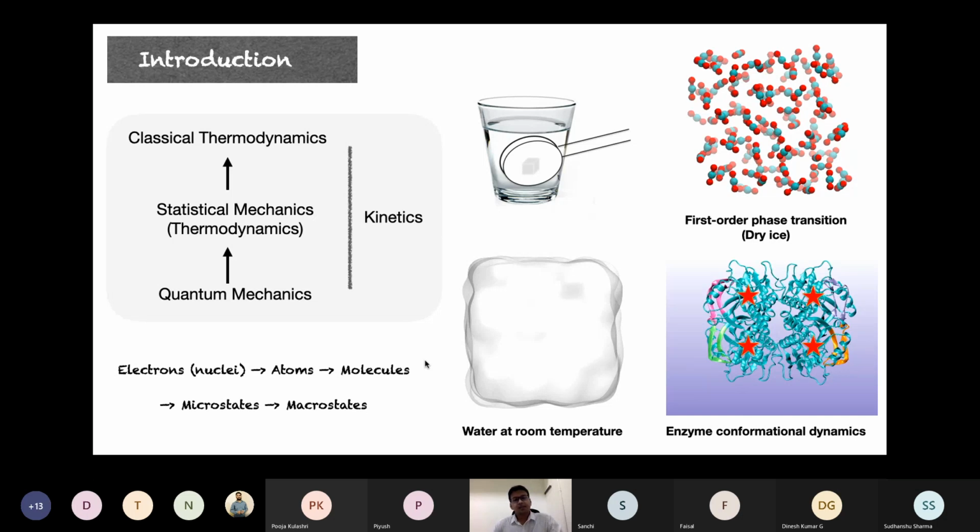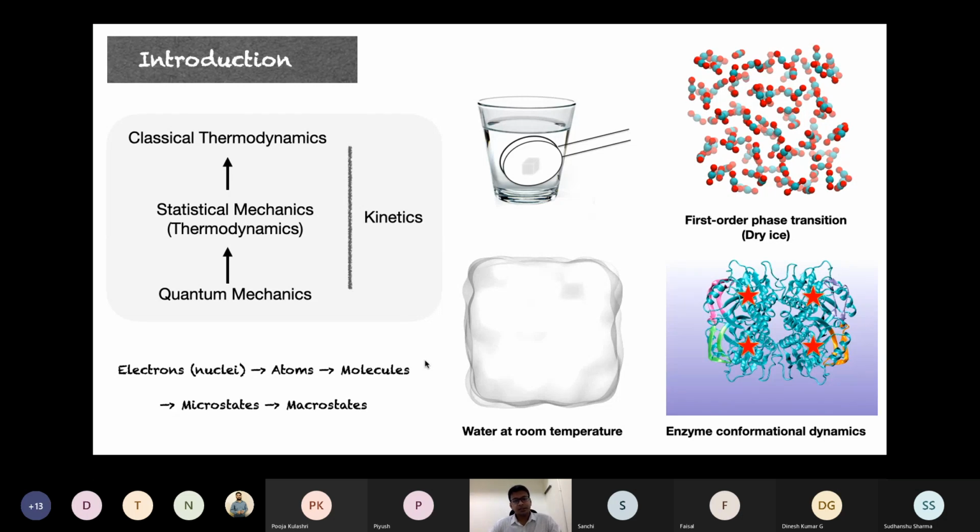From there, you scale up to atoms, and then you add those atoms to form molecules. Then you can take an ensemble of molecules, like 10, 15, 100, 10,000, 1 billion, and form a state that we call a microstate. When you remove the descriptions of atoms and molecules and think of the system as a bulk system, then you call it a macrostate, or thermodynamic state.